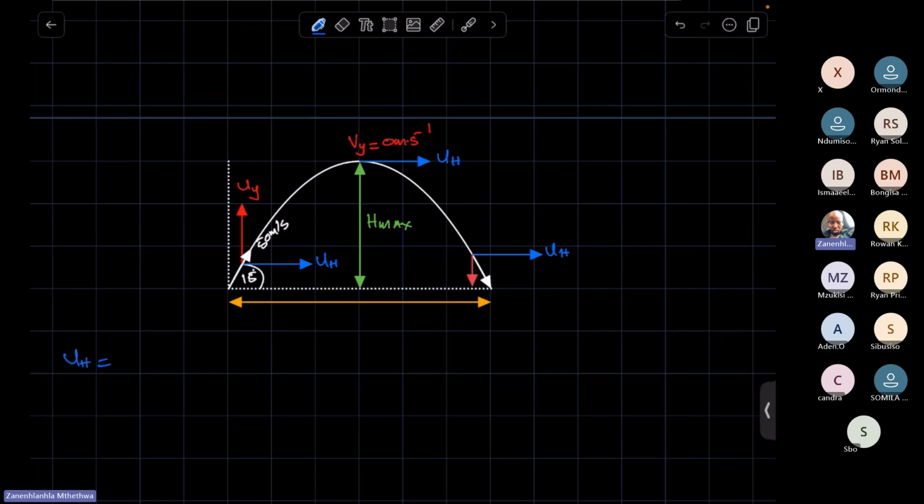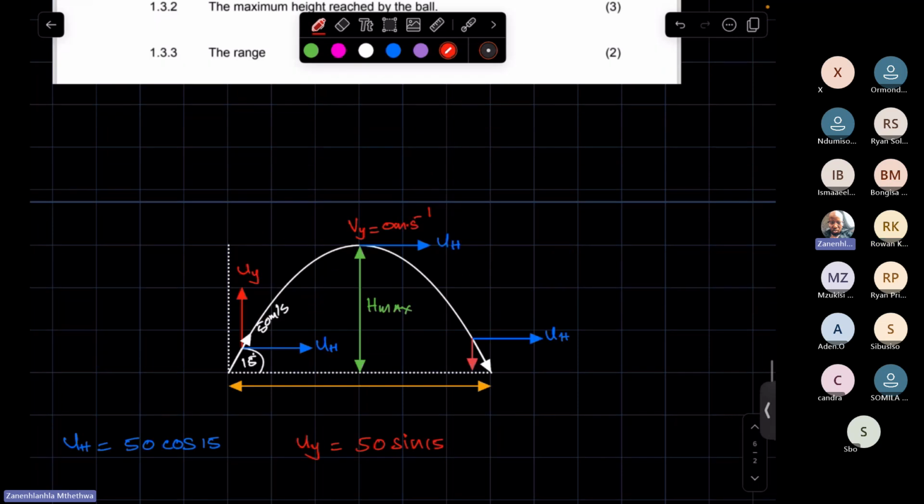The projectile angle is referenced from the x-axis, therefore this will be in terms of cos. So this is 50 cos 15 degrees. And then we have the y component, which is UY, which will be 50 sine 15 degrees. And that is pretty much all we have.